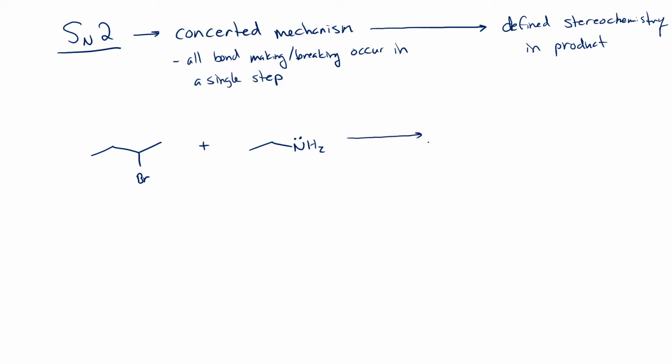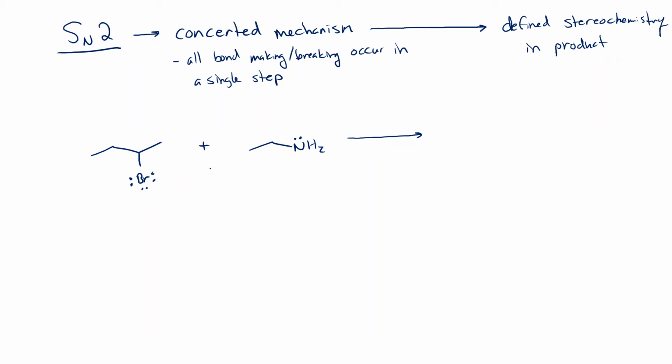And so when we look at this, we're going to use our standard approach to an organic reaction. The first thing we look for is where is our base? We always start from our base, and we know that our base is generally going to be lone pairs or pi bonds. Of course we have no pi bonds in either of these molecules, and the only lone pairs we have are on the bromine or on the nitrogen.